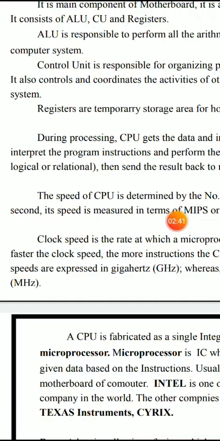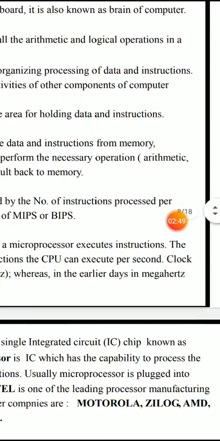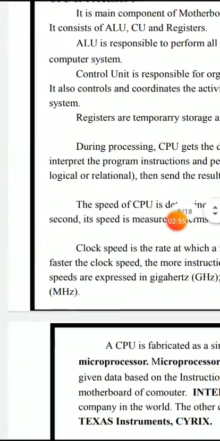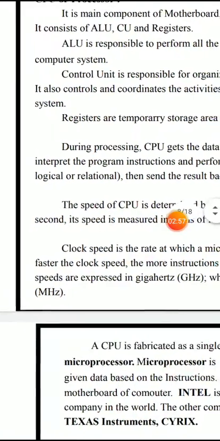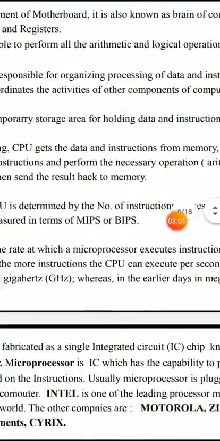The next characteristic of the CPU is clock speed. The clock speed is the rate at which the microprocessor or processor executes instructions. The faster the clock speed, the more instructions the CPU can execute.